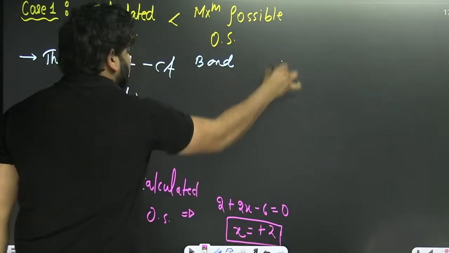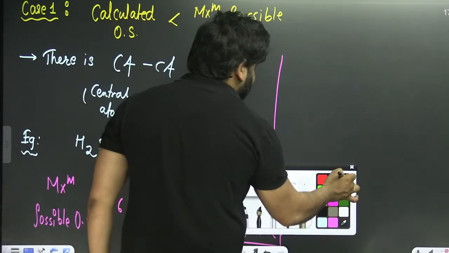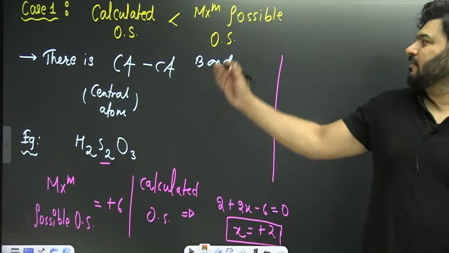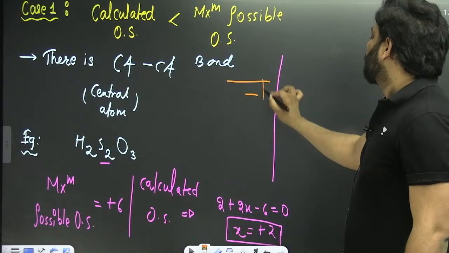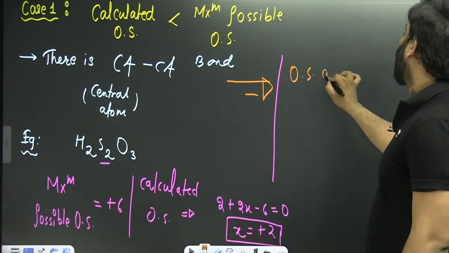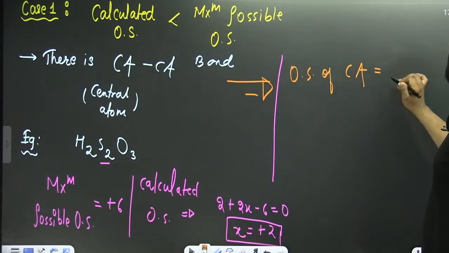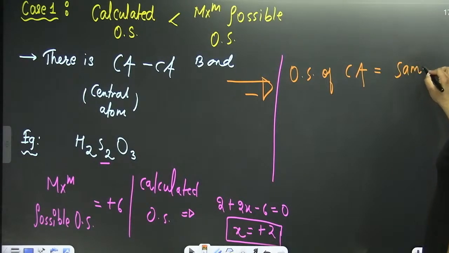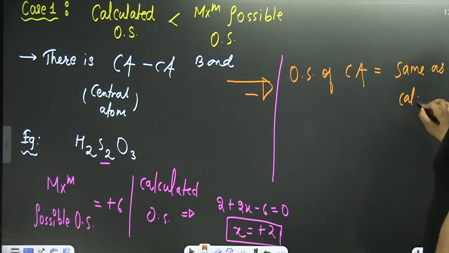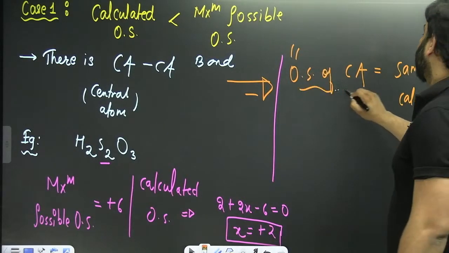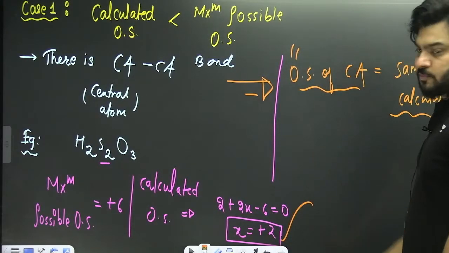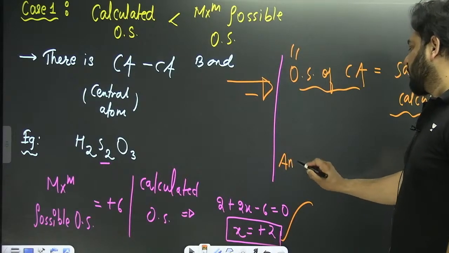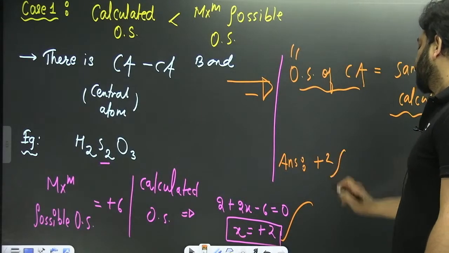So wherever this is given to us, there is definitely a CA bond, and in this way the oxidation state of the central atom will be the same as calculated. So whatever you calculated right now is the correct answer, and positive 2 is the correct answer.